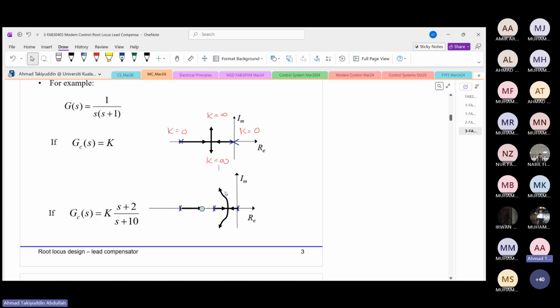As the plot moves more to the left of the S-plane, it means that there will be an improvement. The improvement that we are talking about is possibly the improvement for the transient as well as the steady state, because the more left the plot is, the better the performance of the system.